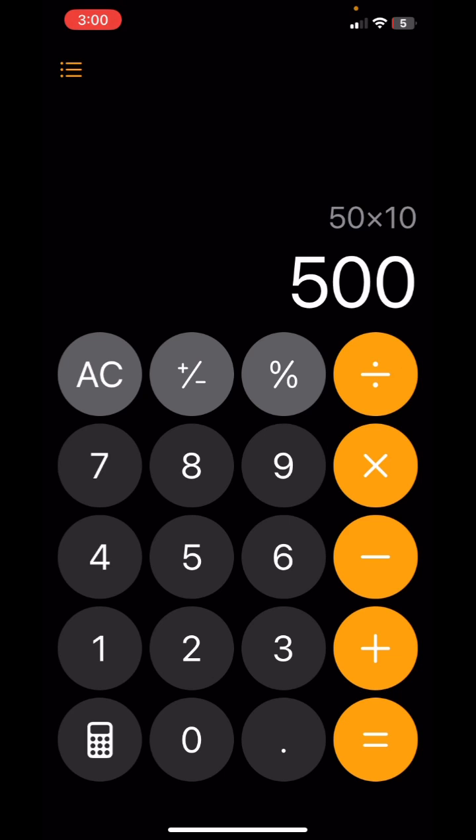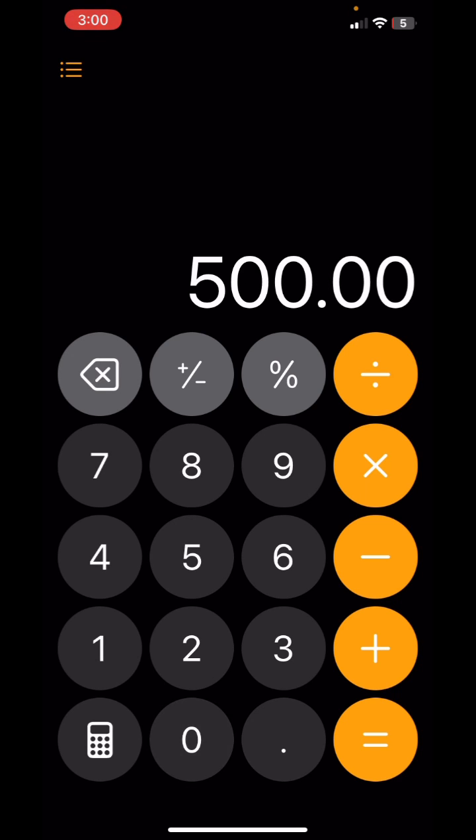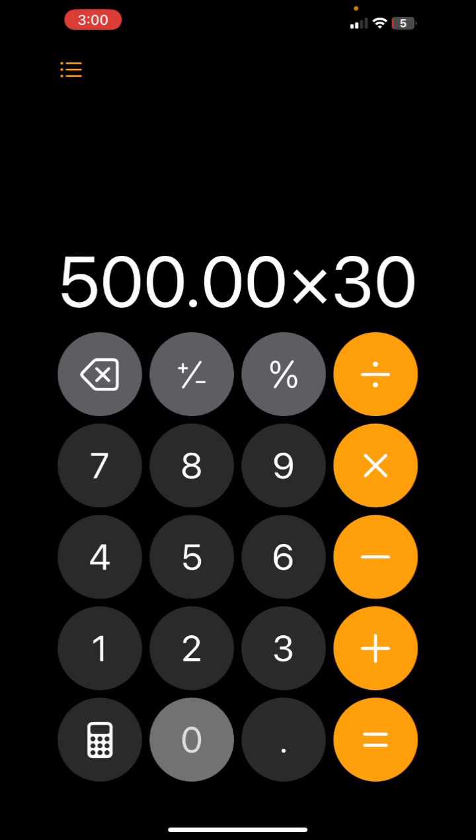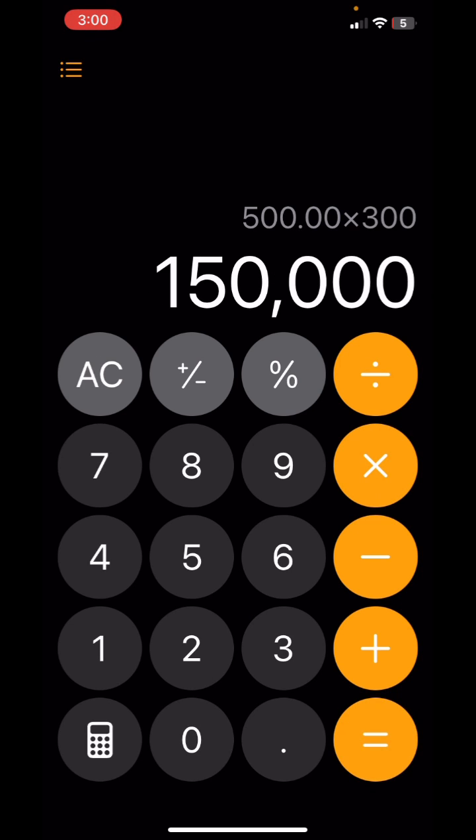So from January, like we said, we had an option for 3 months. It would have risen like $300. So we times this $500 times 300, $150,000.